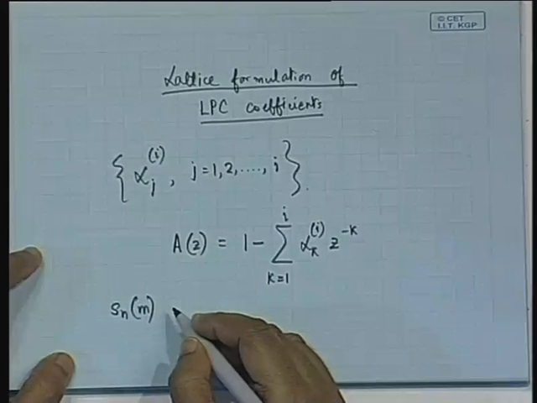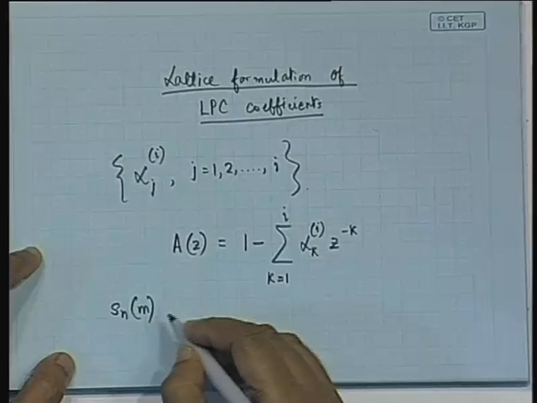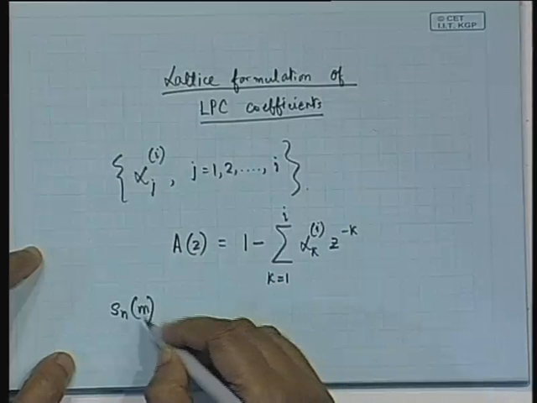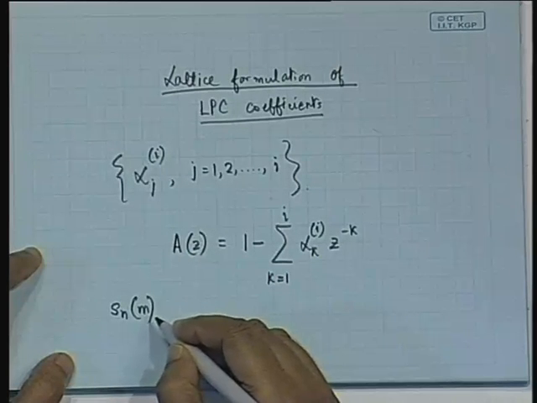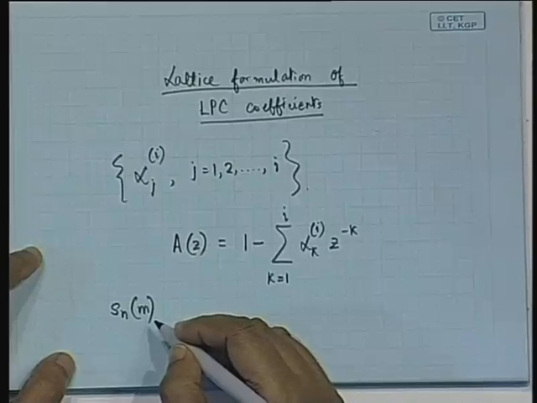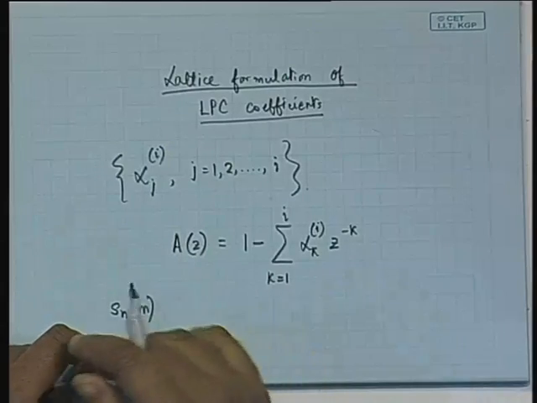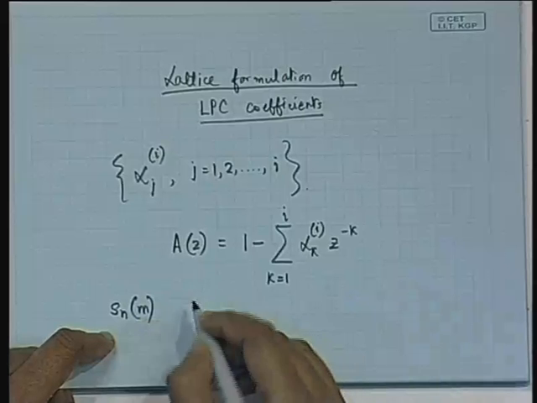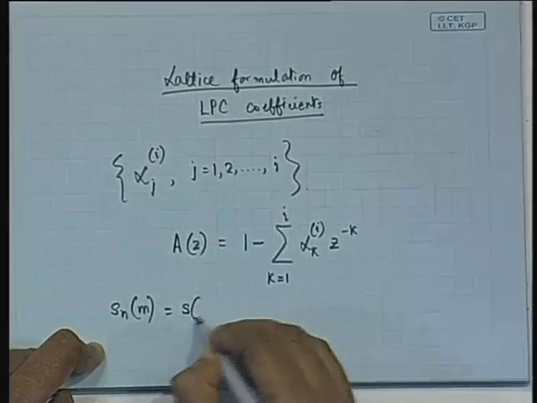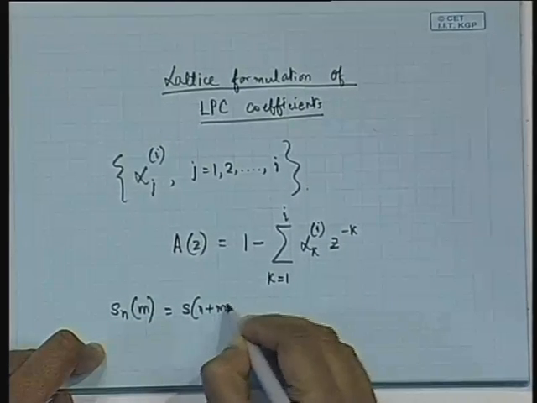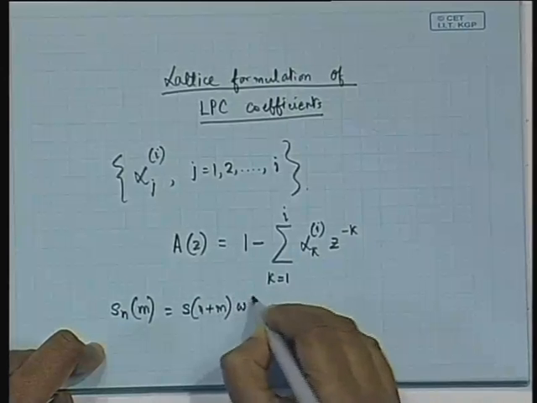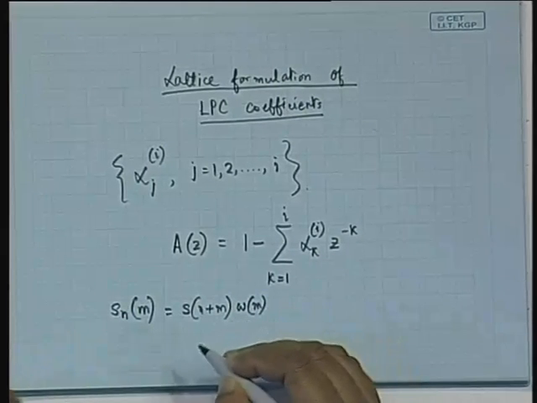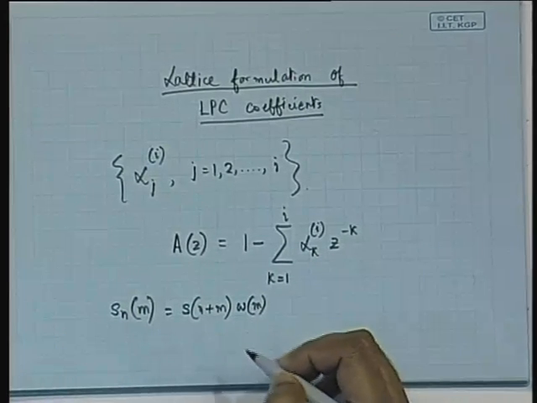You know what we mean by this expression: suffix n and within parenthesis m means we go over to the nth sample and have m as our variable index, and that segment we write as S of n plus m into W of m, where W of m is the windowing coefficient.